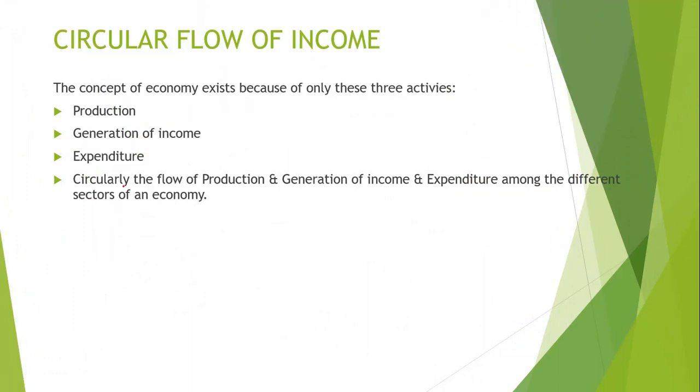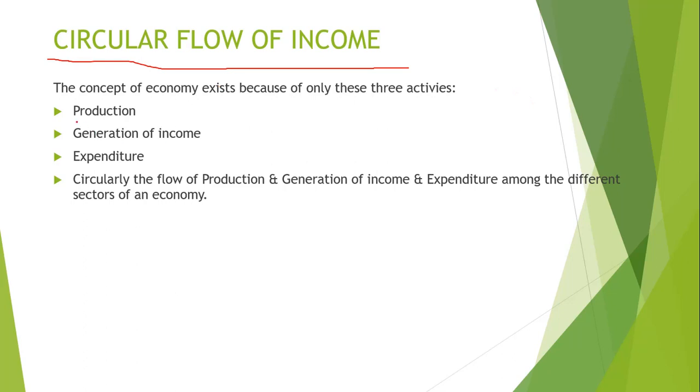Okay, the circular flow of income. Believe me, the circular flow of income is the basic thing of any economy. Without the circular flow of income, absolutely no concept of economy will exist. The concept of economy exists because of the circular flow of income. That means income circulates within the different sectors of an economy.